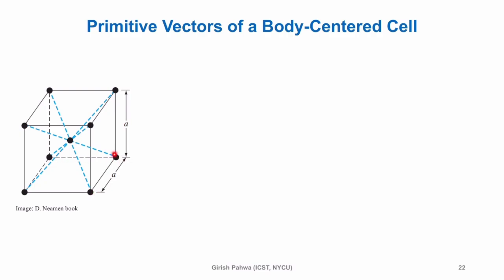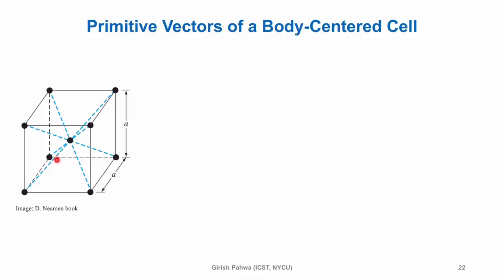This direction, I find this point. If I look in this direction, I find this point, the nearest one. You will find more points later on, but the minimum distance is this. And let me look here in this direction, so I encounter this point. Now let me check whether these 3 vectors form a set of primitive vectors or not.